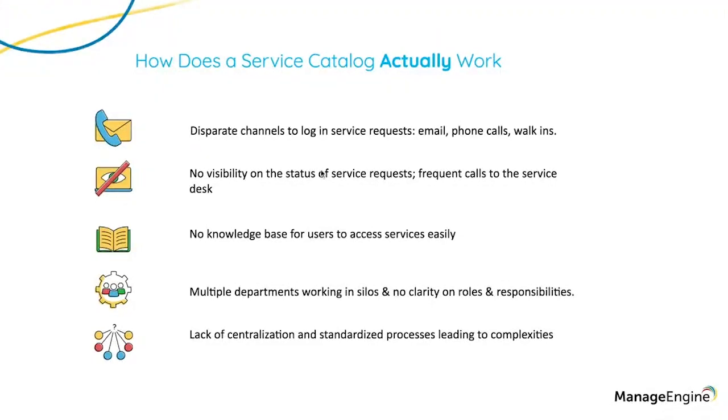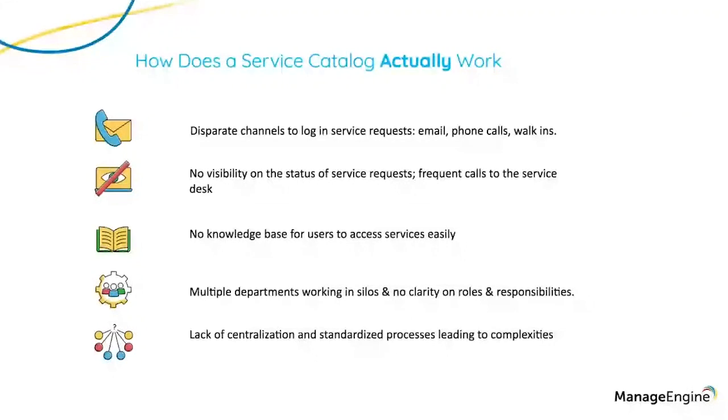One thing is, of course, the channels with which people log in and tell you. Some of them just walk in and say, I need this software. Can you make it available? Some of them are just going to make a phone call and tell you. And for people who just walk in, they may not have visibility of what is happening to their service requests.